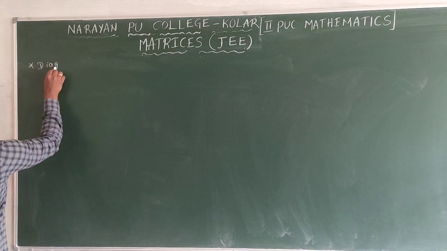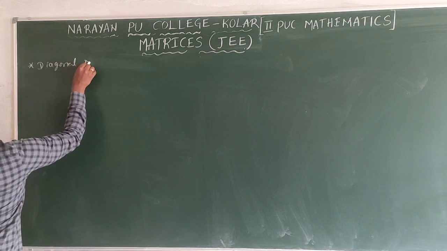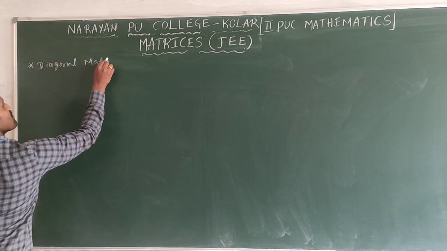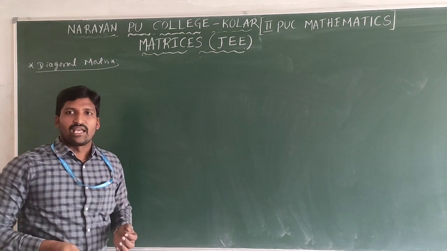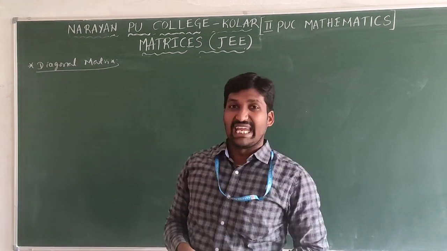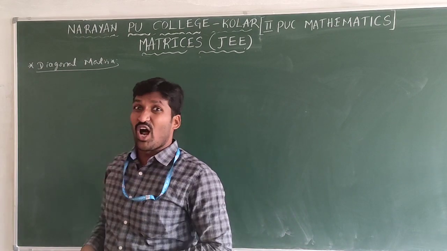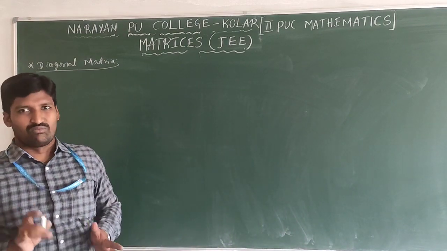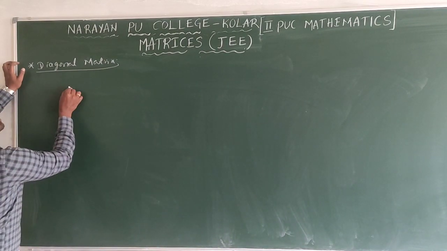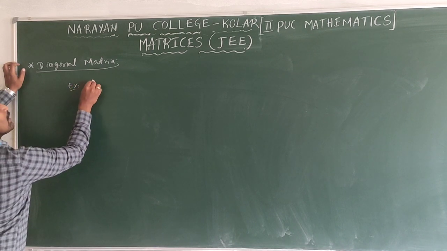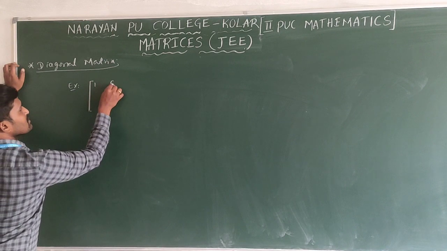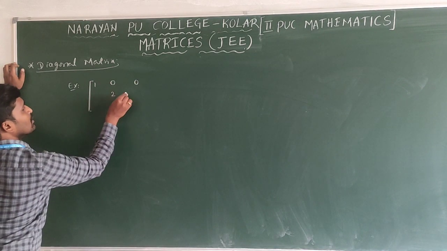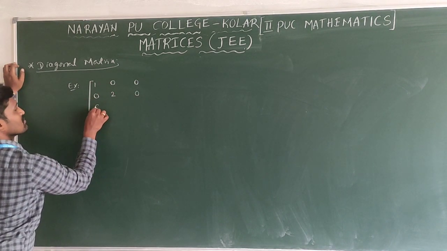Diagonal matrix. The meaning of diagonal matrix: a square matrix in which all non-diagonal elements are zero. For example, 1, 0, 0, 0, 2, 0, 0, 0, 0.